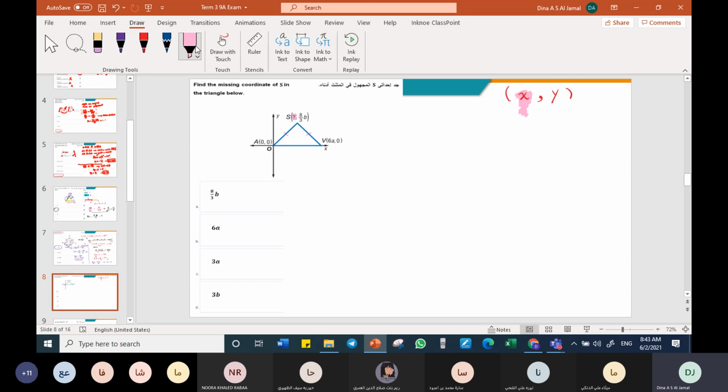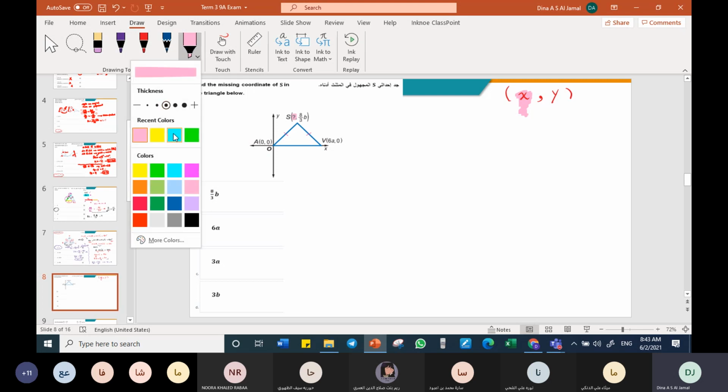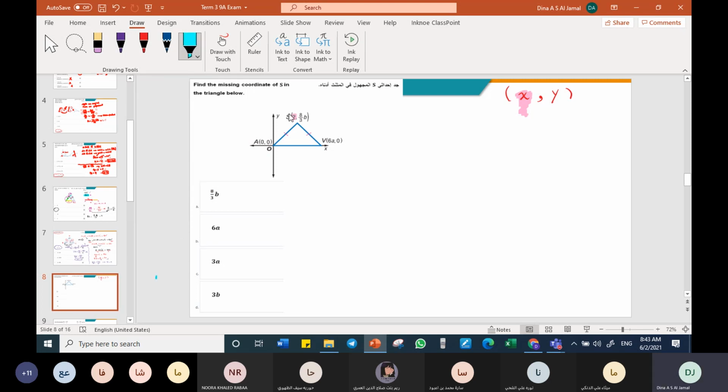How can I get this? First of all, I know that it is isosceles. That means the distance from OS is the same as the distance from VS. Same distance I'm having.